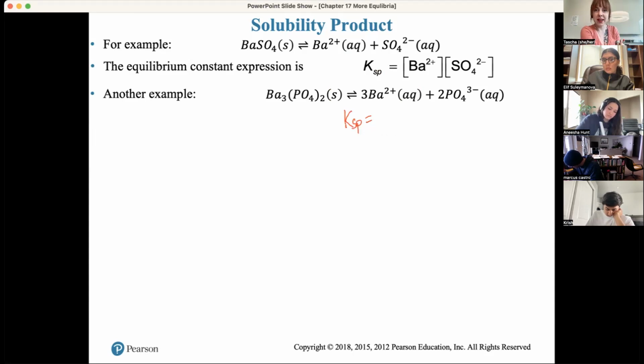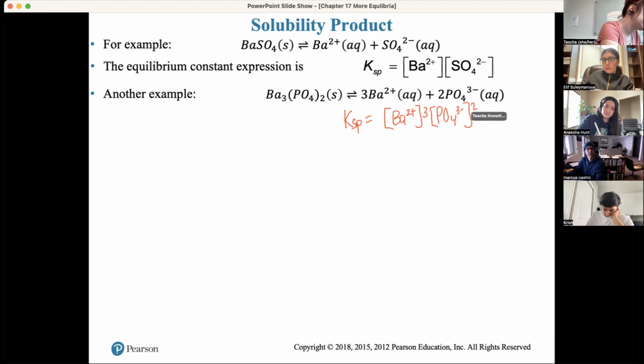It's the concentration of barium raised to the third power, great, and then the concentration of phosphate raised to the second. Great. Over 1. So those become the coefficients, and then we just raise our ions to those coefficients.